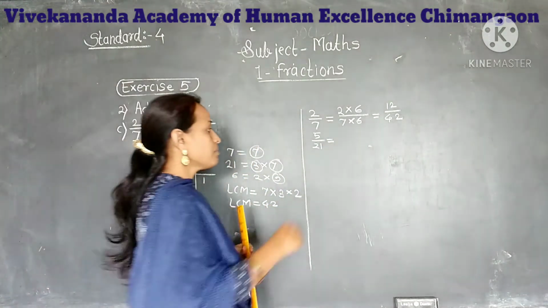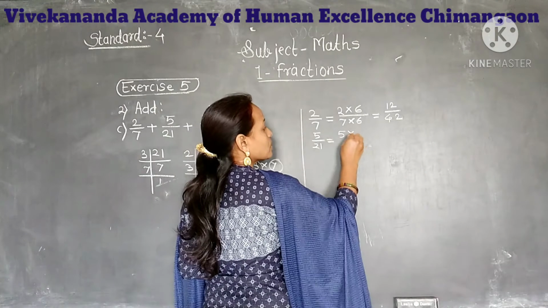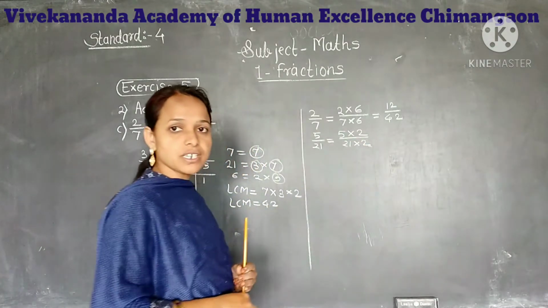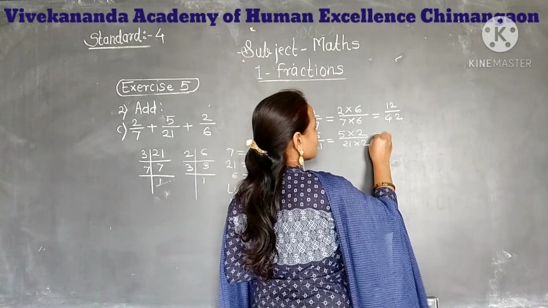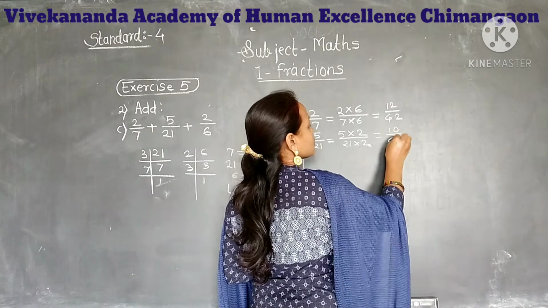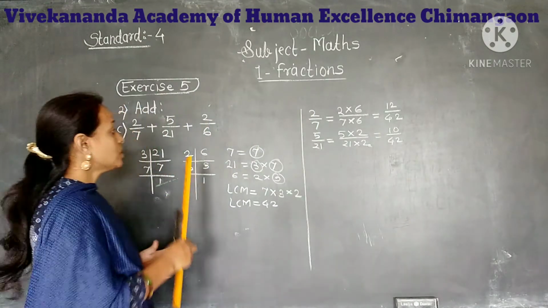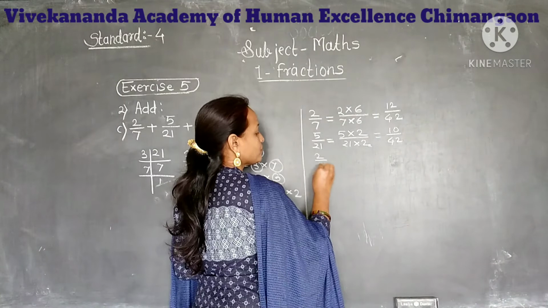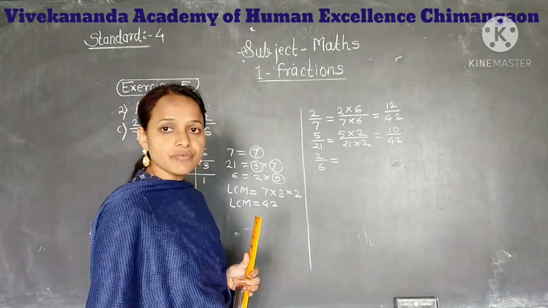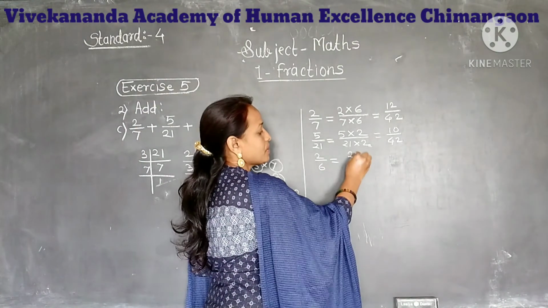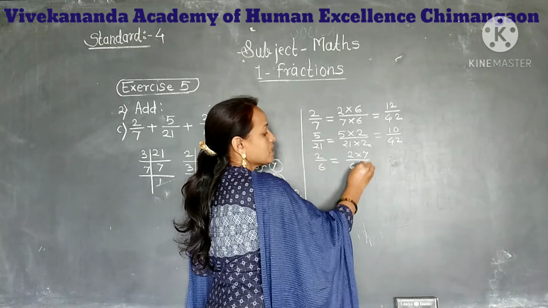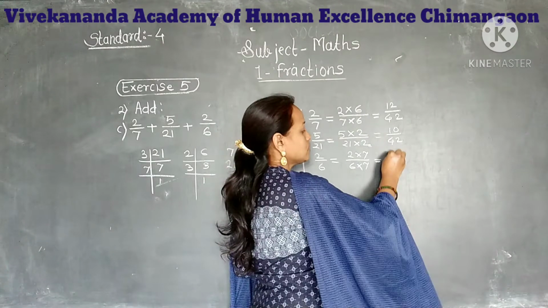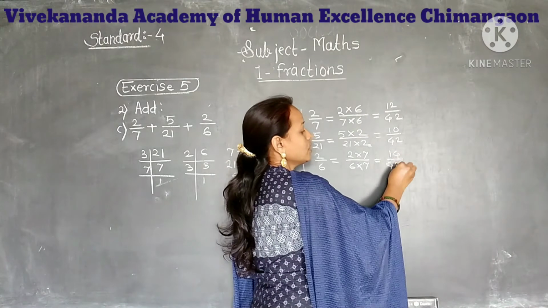So multiply 5 by 2 and 21 by 2. 5 twos are 10, 21 twos are 42. Third fraction is 2 upon 6. 6 sevens are 42. So multiply 2 by 7 and 6 by 7. 7 twos are 14, 7 sixes are 42.